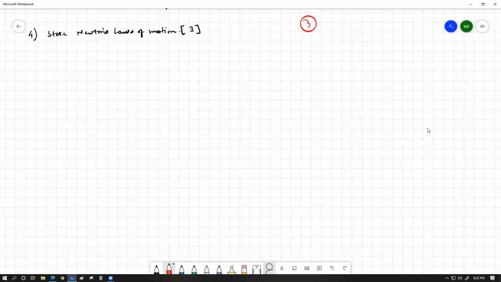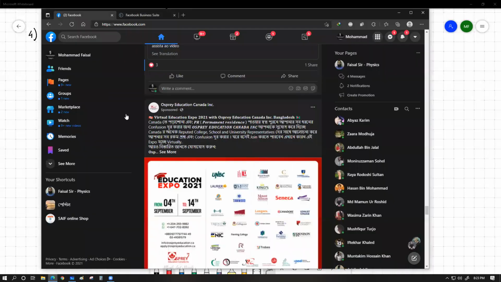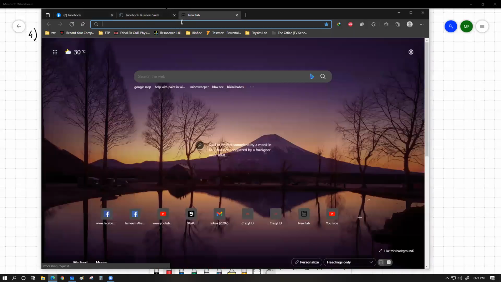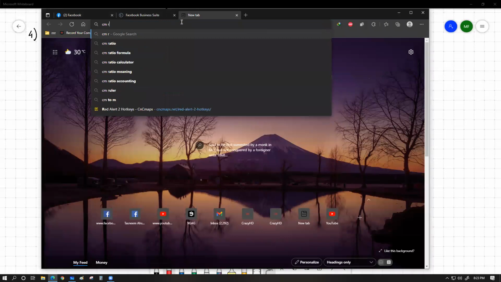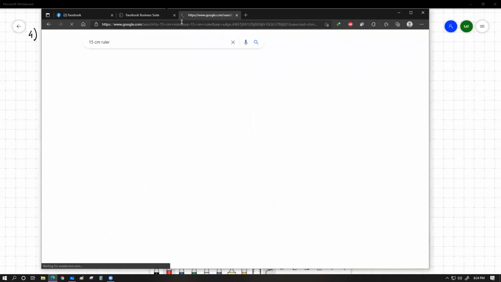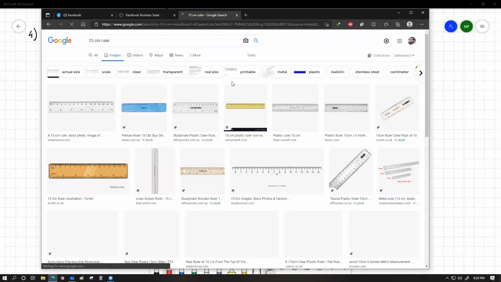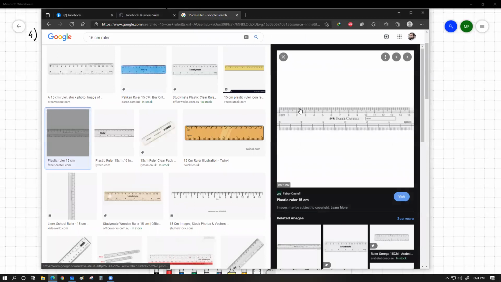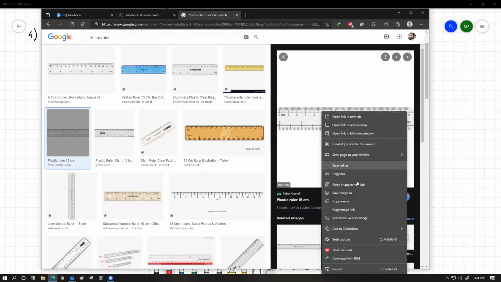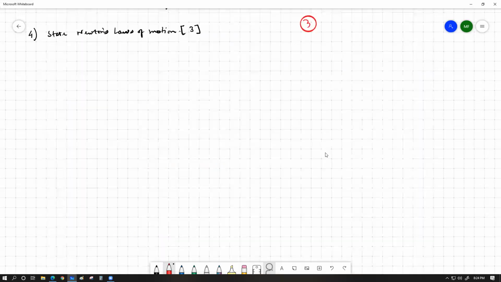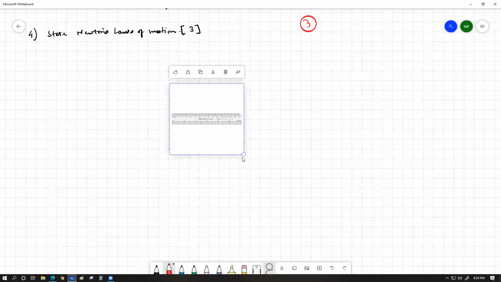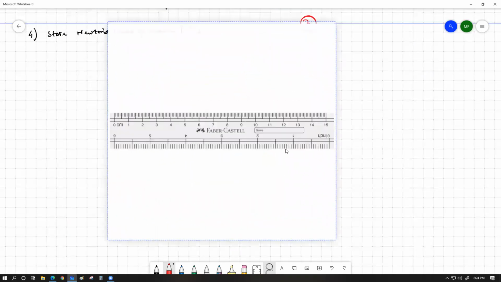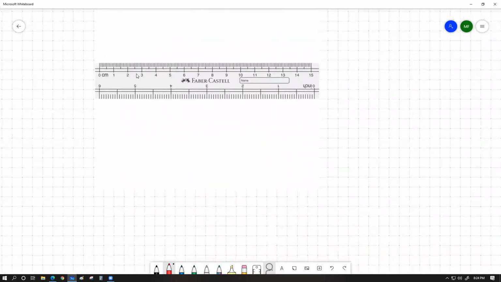Now, if I just show you a picture, okay, this is a Faber-Castell 15 centimeter ruler. But if you have a good look, it is marked in inch on one side, and then it is marked on the centimeter side on the other side.